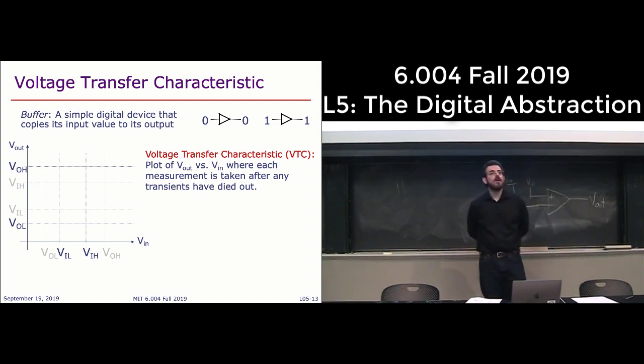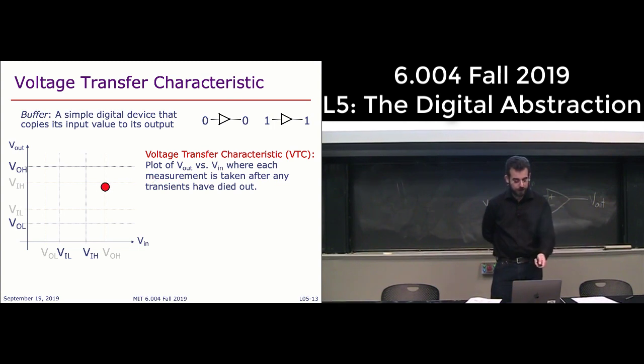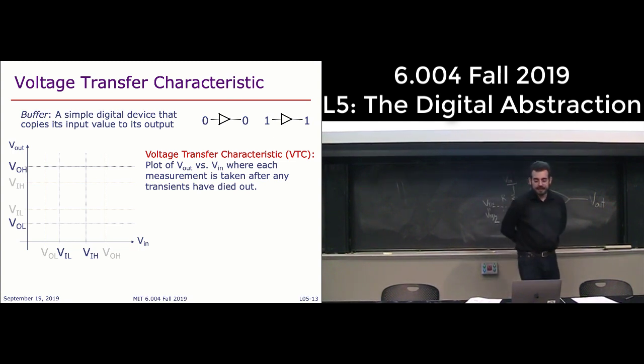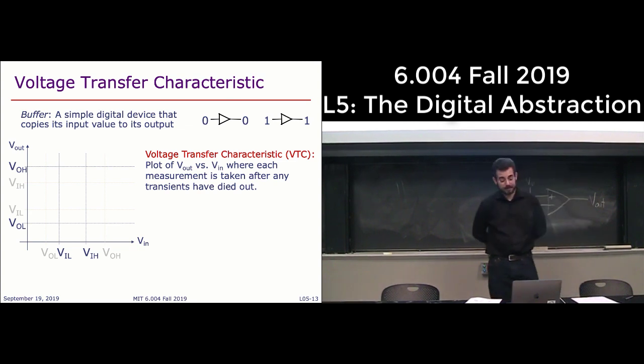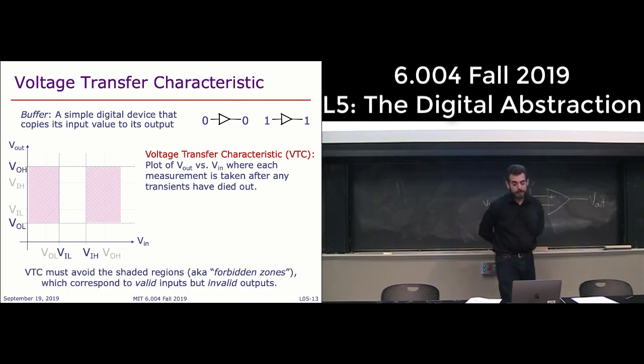So if we draw our digital thresholds, or our signal thresholds here, we have VOH, VOL at the output, and VIL and VIH at the input. You can see graphically what having a specification means in terms of what the VTC of a device must be.